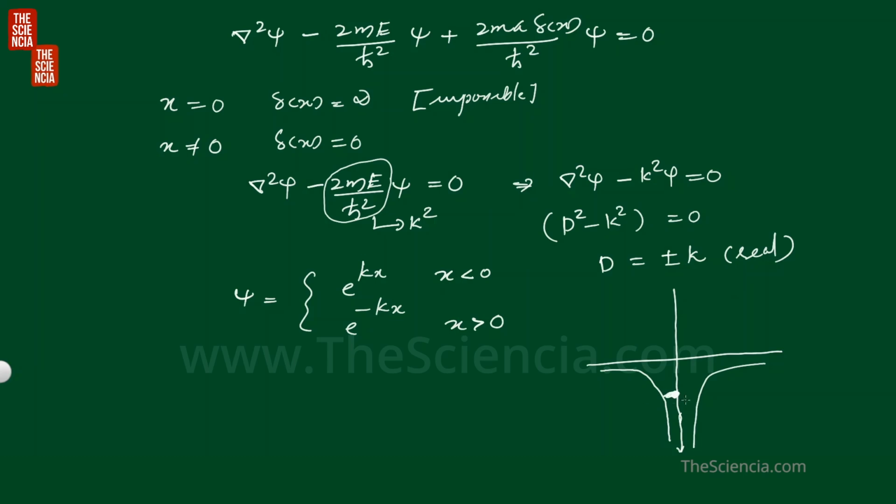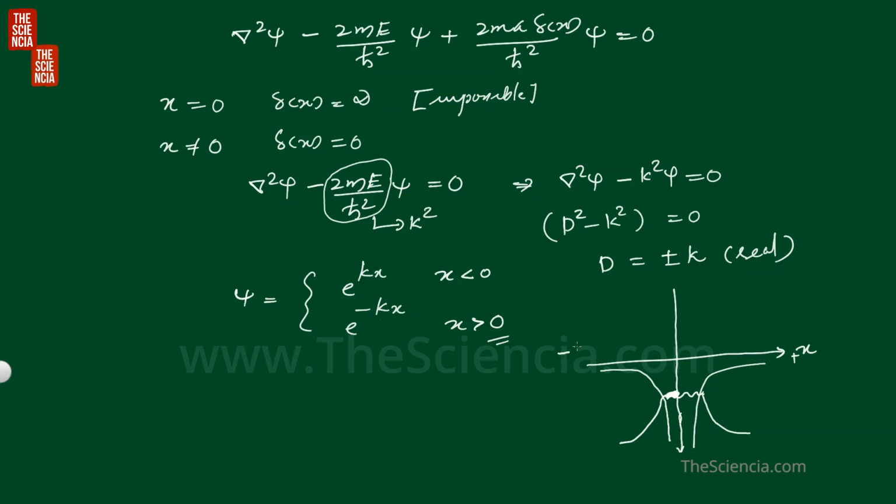And there will be a wave function inside this region, and outside this region the wave function will decay exponentially. So for the positive x axis, that is x greater than 0, e raised to minus kx decreases exponentially only when the function is minus kx.